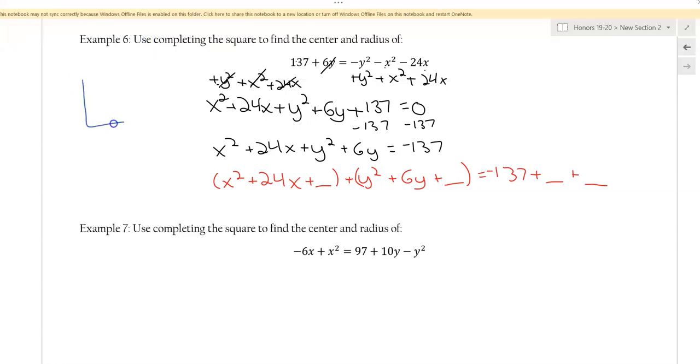Creating our lovely boxes, or squares to complete, we have x squared, which is x times x. Splitting 24x in 2, I get 12x and 12x. And if I multiply those together, I get 144. Same with my y's.